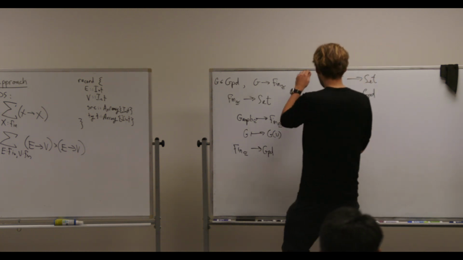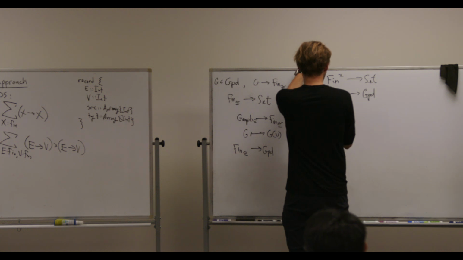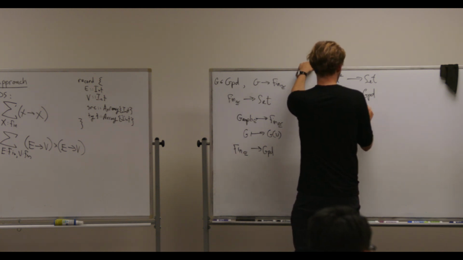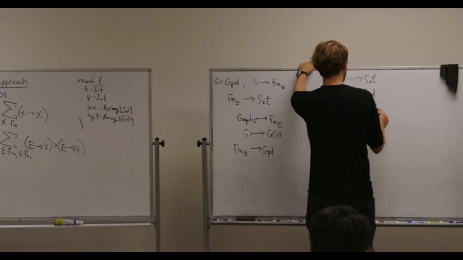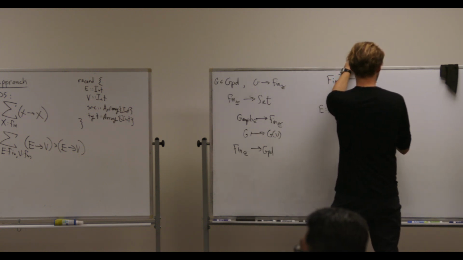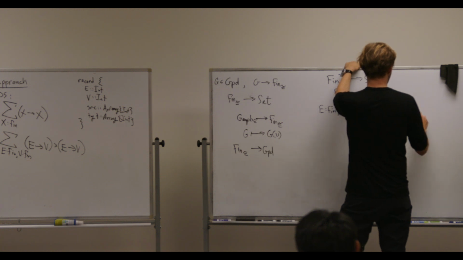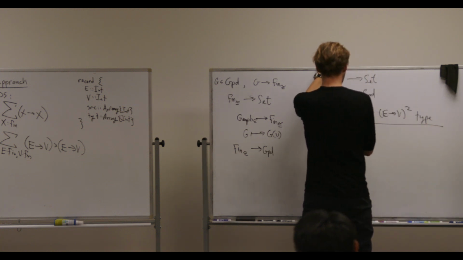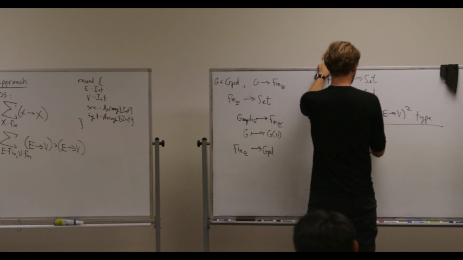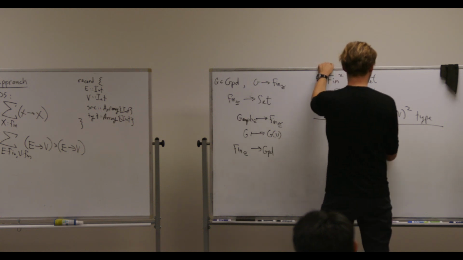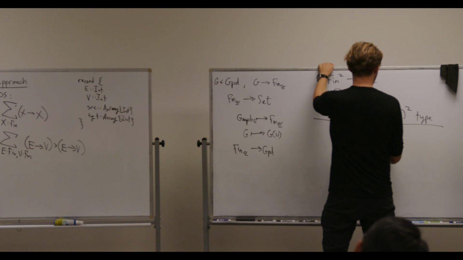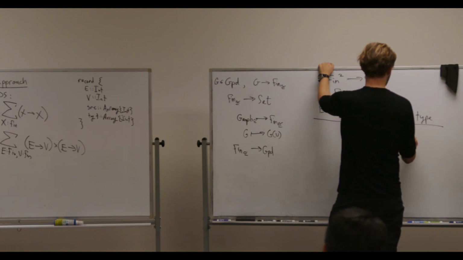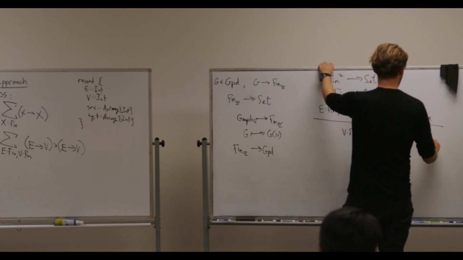Yeah. And what this would look like is: E : Fin, V : Fin derives E to V squared is a type. V : Fin derives sigma over E : Fin of E to V squared is a type.